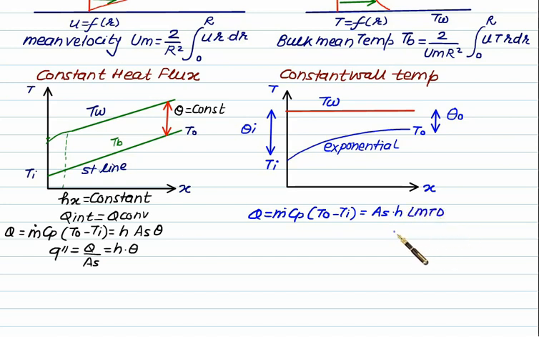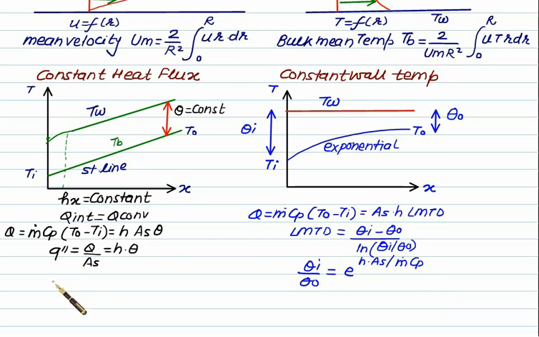LMTD is given by (theta i minus theta o) divided by ln of (theta i by theta o). Or we can equate theta i and theta o as an exponential distribution, that is e to the power (h multiplied by surface area divided by mass flow rate m dot into Cp).